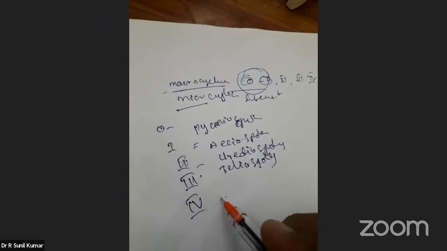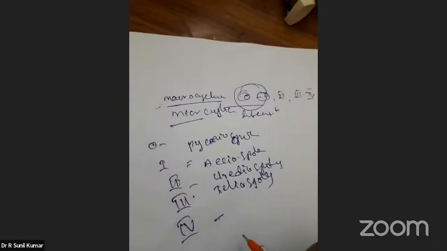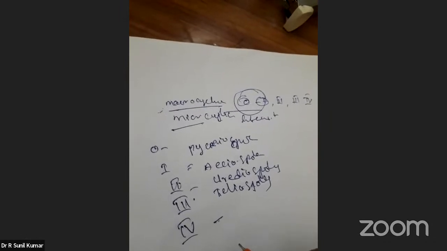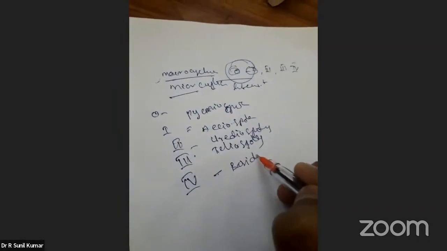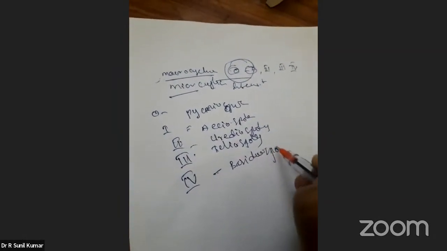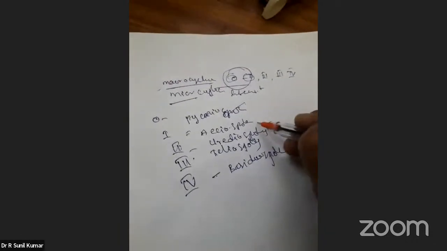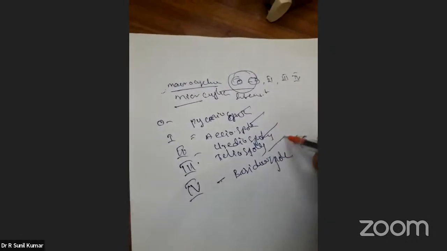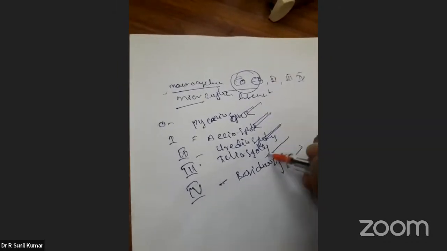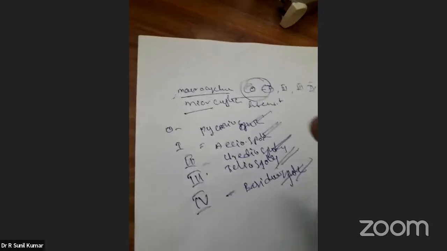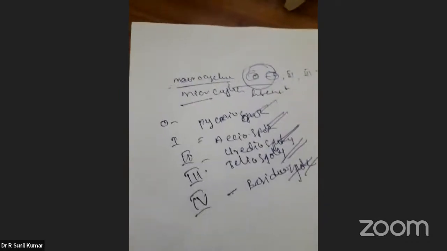The fifth type of spores is the basidiospores. So the five spores are pycniospores, aeciospores, urediniospores, teliospores, and basidiospores.